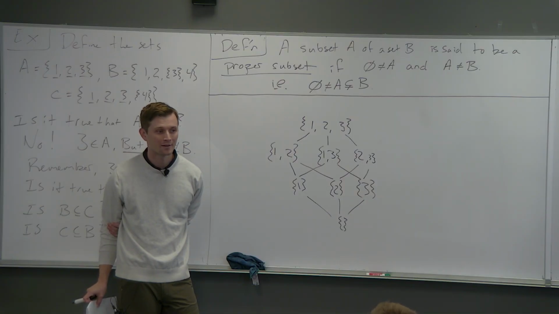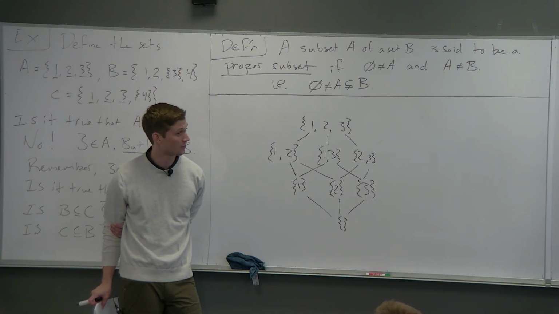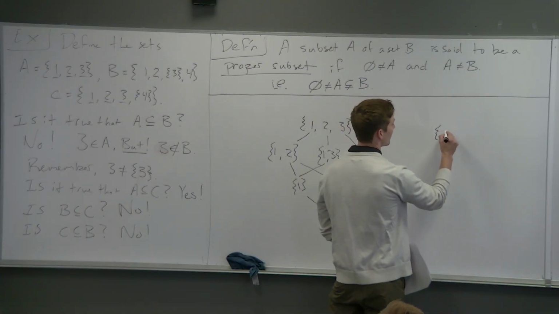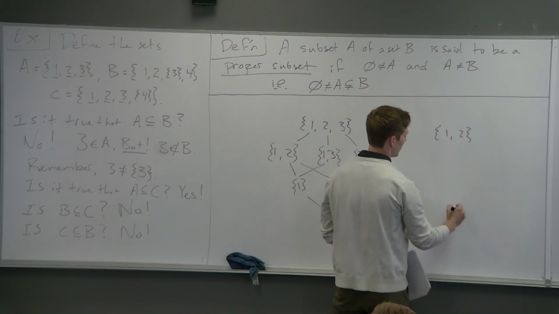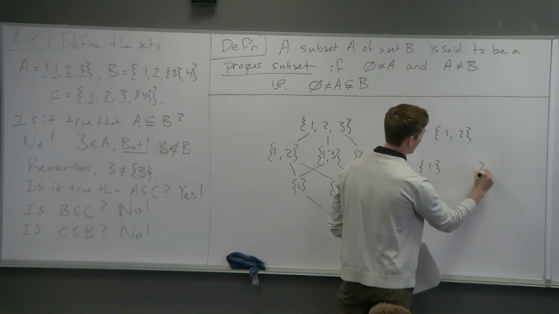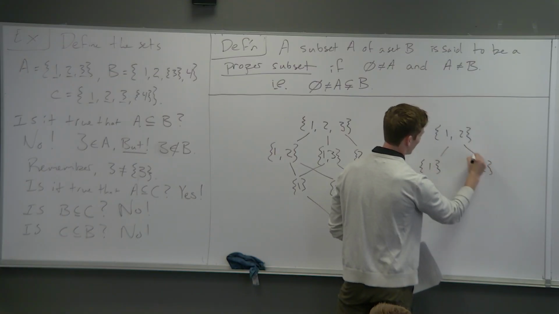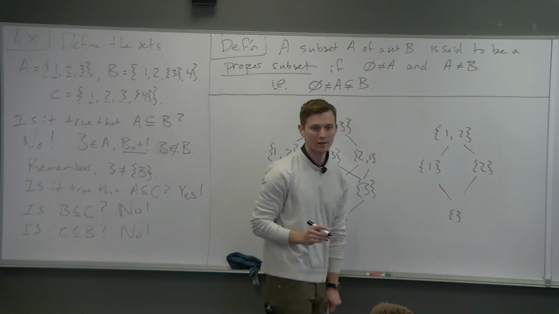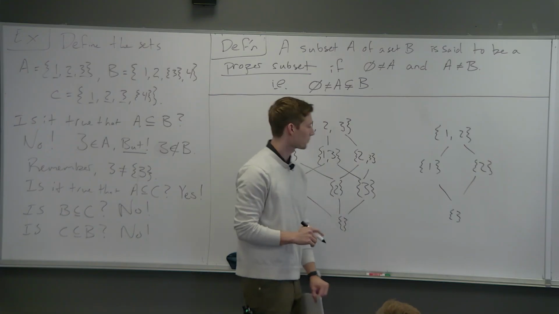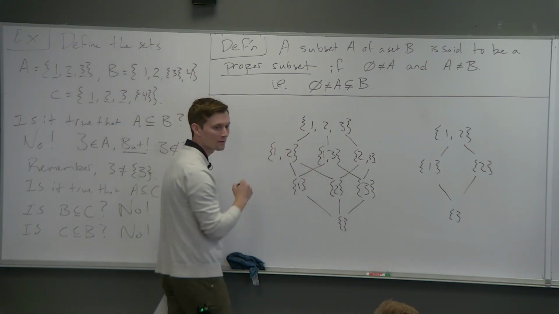N factorial, you're saying? 2 to the n power. 2 to the n is reasonable, yes, okay, I see exactly what you're saying. Yeah, so if you have a 2-element set, like 1, 2, and you have your empty set at the bottom, and you have 1 over here, you have 2 over here, something like this, and you're like, okay, how many proper subsets does it have? 2, right? Here I have 6.